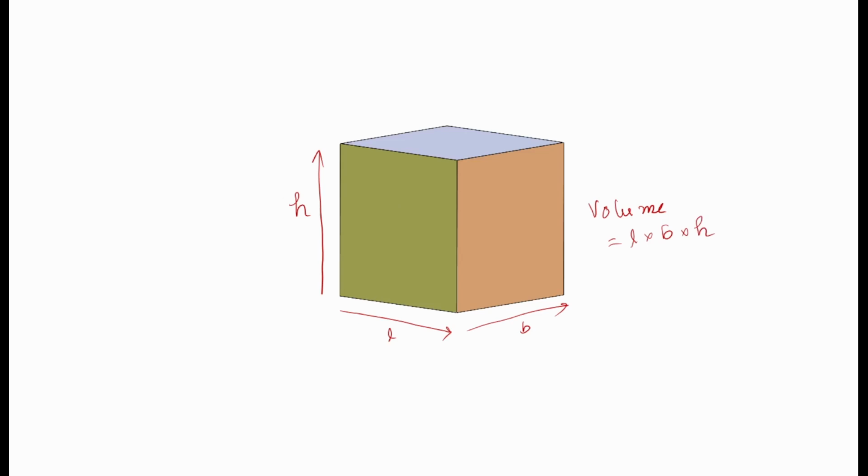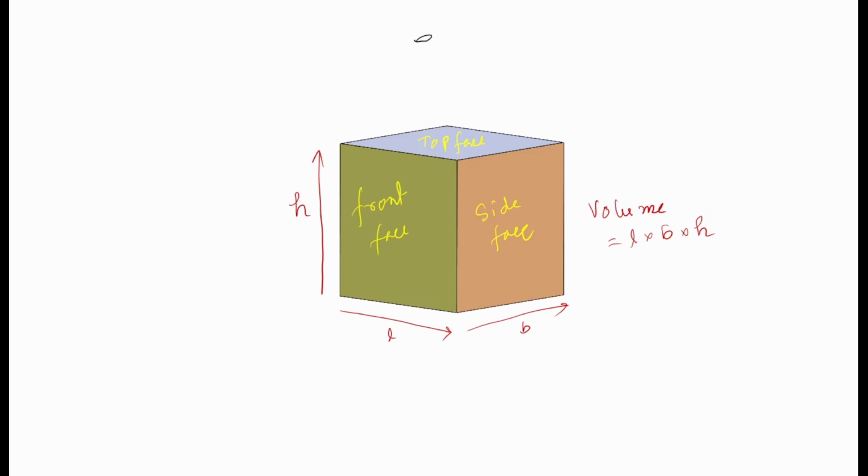Now a cube is a special prism having 6 square shaped faces, and these are the faces. Suppose this is the top face of the cube and this is the front face of the cube and this is the side face of the cube.